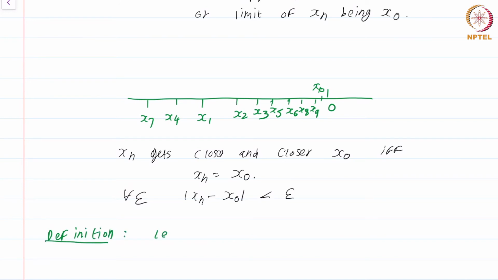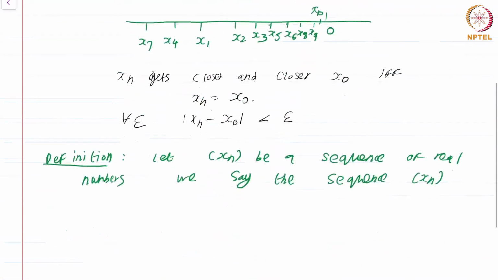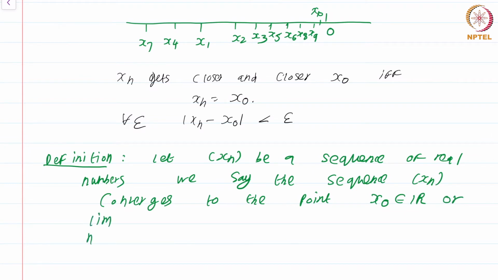Let xn be a sequence of real numbers. We say the sequence xn converges to the point x0 in R, or limit n going to infinity xn equal to x0, or xn converges to x0.